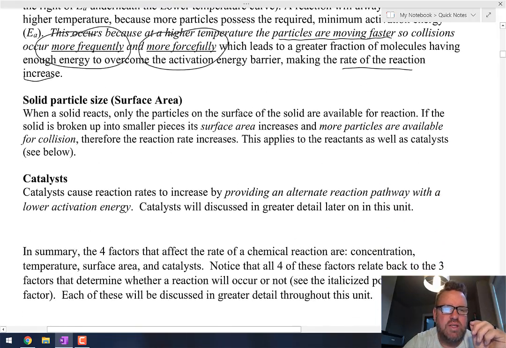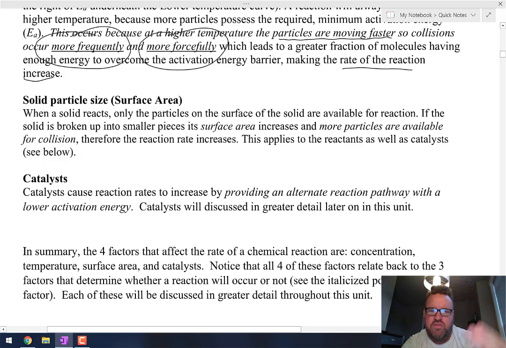Okay, the third one, solid particle size or surface area. When a solid reacts, only the particles on the surface of the solid are available for reaction. So when you break up a solid into smaller pieces, you've increased the surface area and more particles are available for collision. So what's the important part there?